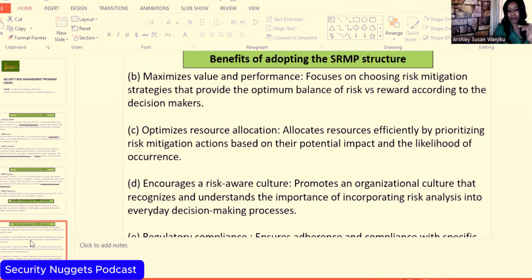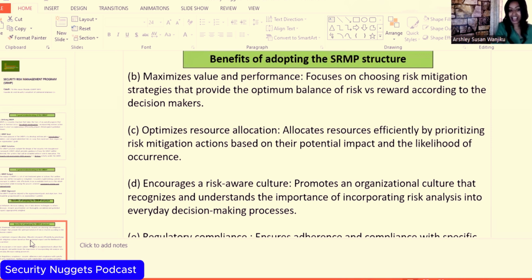Because it focuses on choosing the right mitigation strategies. When it comes to the evaluation of the treatment plans, you make sure that you exhaust all the available strategies. You make sure that you are consulting and communicating with all the relevant stakeholders so that their perspectives can be included in decision making.